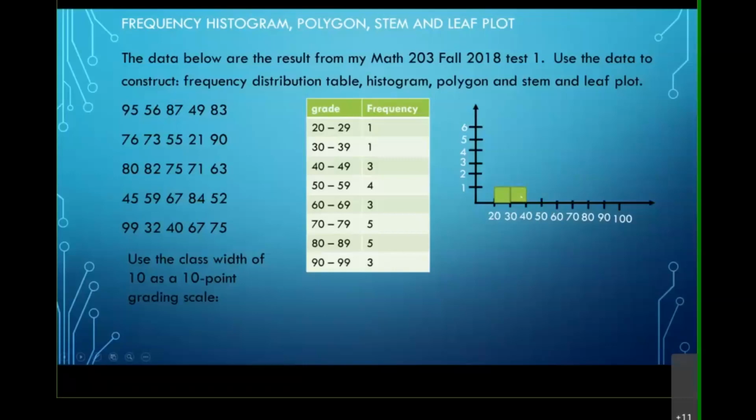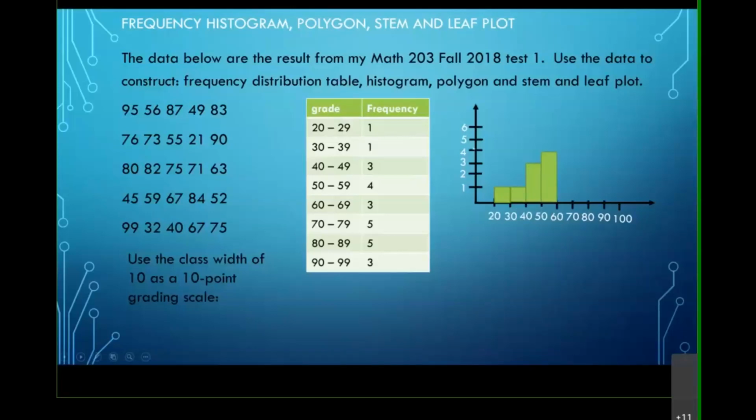The unique thing about the histogram is the boundary: the bars will touch each other. If they don't touch each other, we call that a bar graph. The unique thing about the histogram is all of your bars touch each other. Going from 40 to 50, because the frequency is 3, we go up to 3 and give one bar.